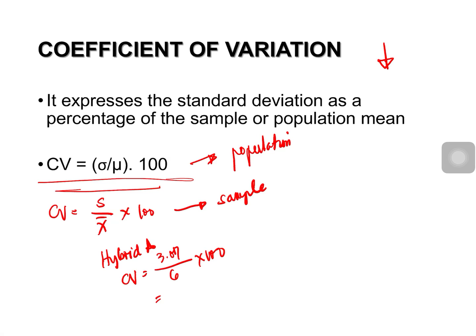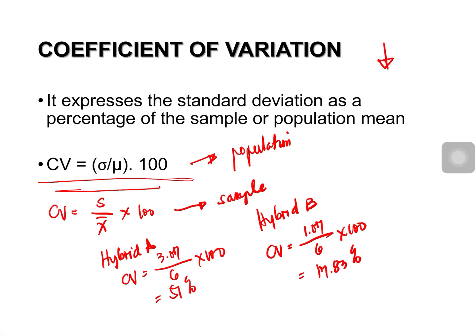It gives us 51%. For hybrid B, our standard deviation is 1.07 divided by 6 times 100. That is 17.83% only. So this is better. Choose hybrid B.